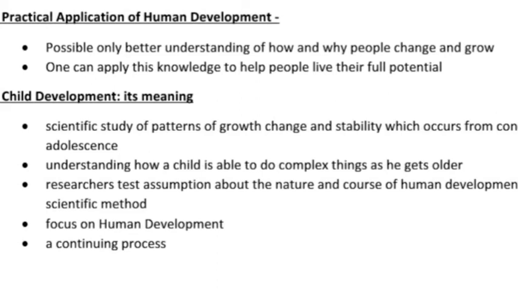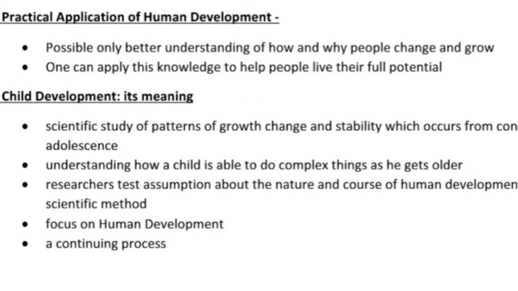Now we will discuss child development. The meaning of child development is related to the growth, change and stability which occurs from conception through adolescence. Means child development is related to the scientific study of patterns of growth, change and stability.